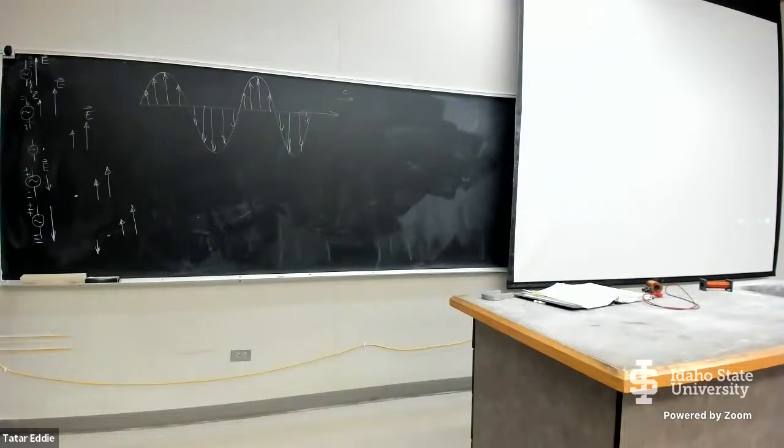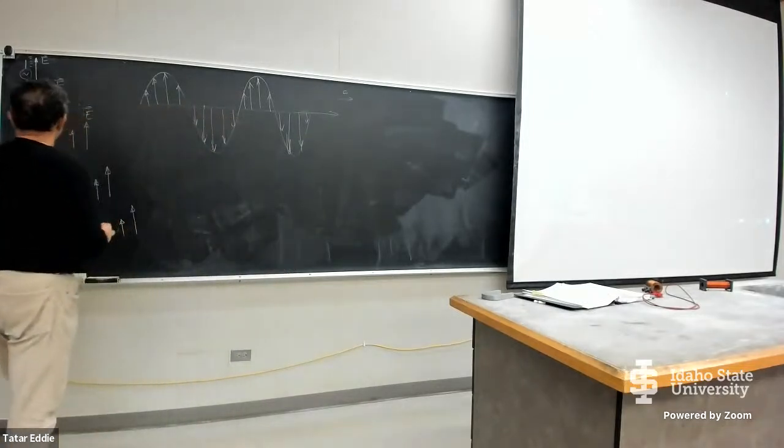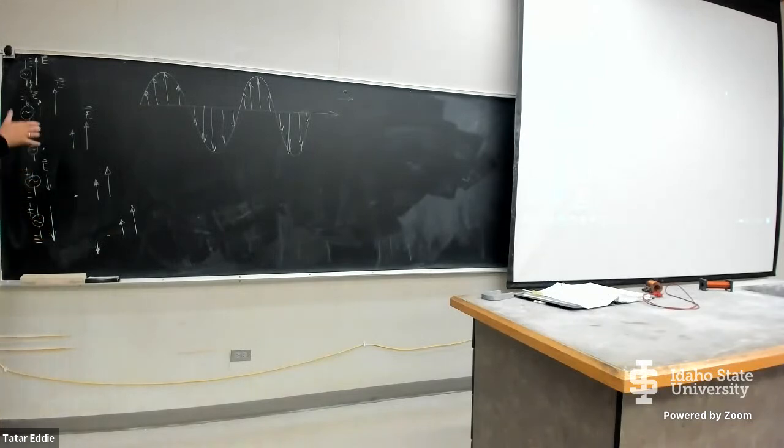And if you use the right-hand rule, you can demonstrate that that magnetic field, well, on this side, it is going to be into the board, but in general, the general direction of that magnetic field is going to be into or out of the board, depending upon in which direction at this moment of time the current is flowing.